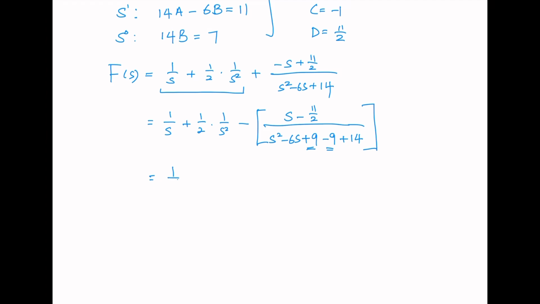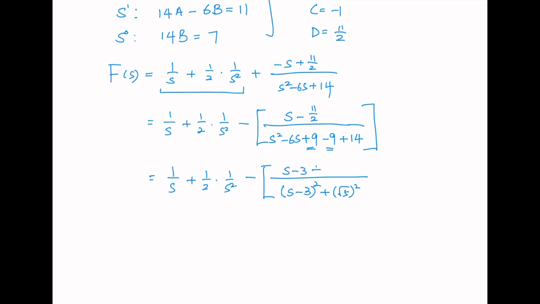And that equals 1 over s plus 1 over 2 times 1 over s squared minus s minus 3 squared, that's the complete square, plus 5. I'm going to write that as the square root of 5 squared. And then for the numerator, since I have s minus 3 in the denominator, I'm going to make s minus 3.